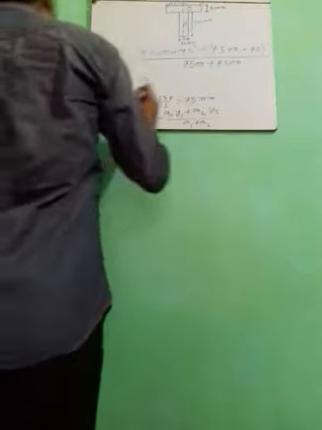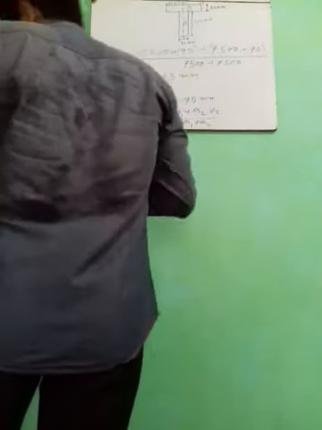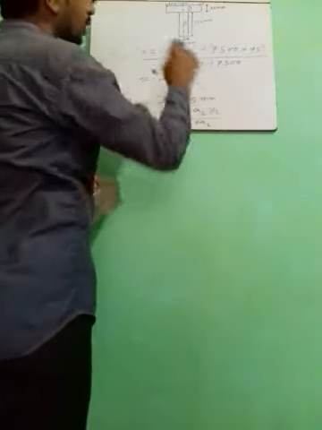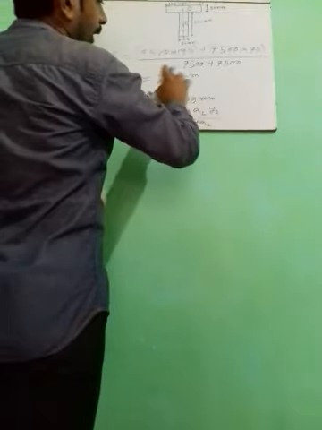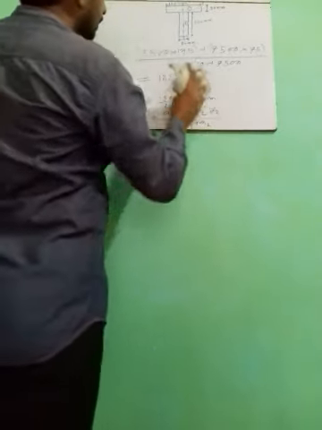Calculating, the value will be 125 mm. So y bar equals 125 mm. That is, the coordinate of the CG will be 0, 125, because the x coordinate is 0.